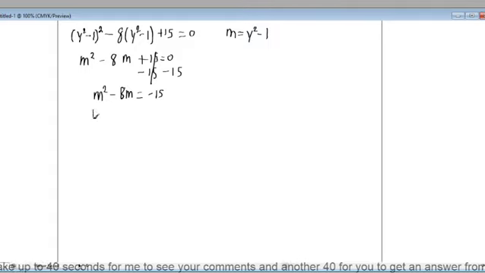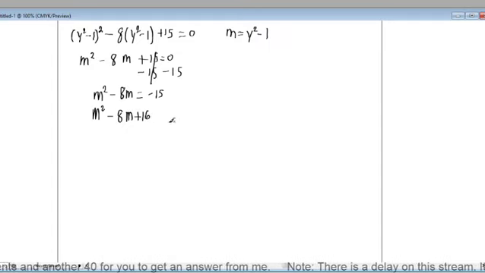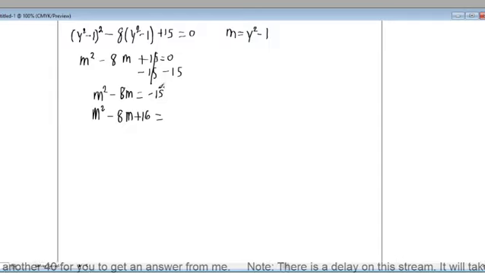So this will be m squared minus 8m plus 16 equals, well, negative 15 plus 16 is 1, so I'm just going to go ahead and put 1 there.